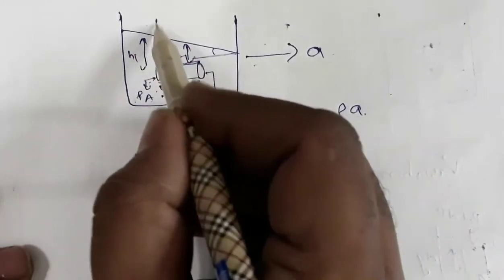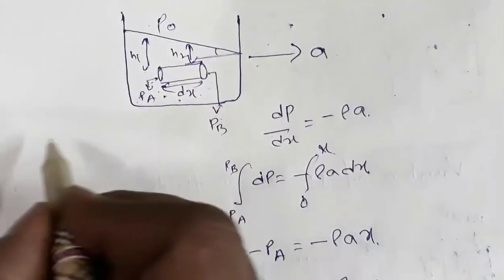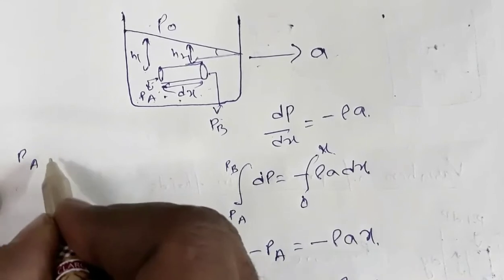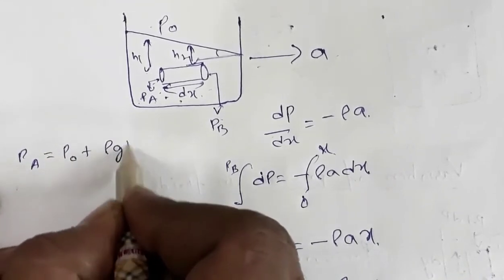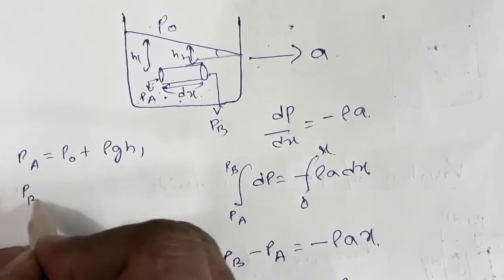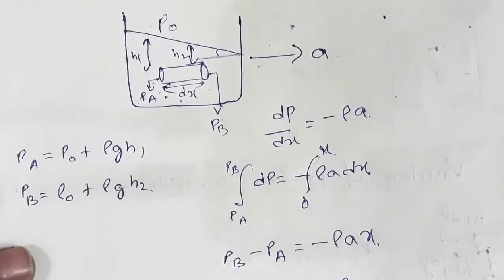If atmospheric pressure is P naught, can we write PA is equal to P naught plus rho g H1 and PB is equal to P naught plus rho g H2.